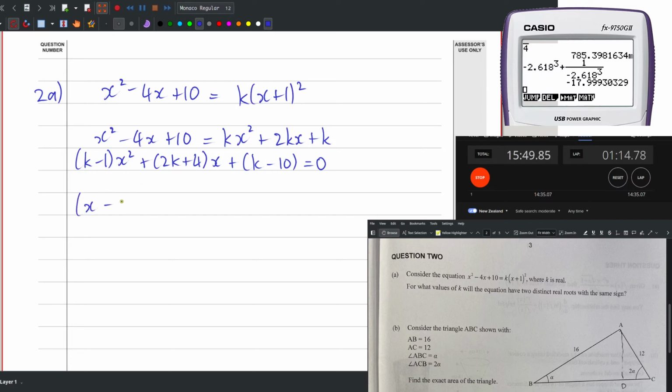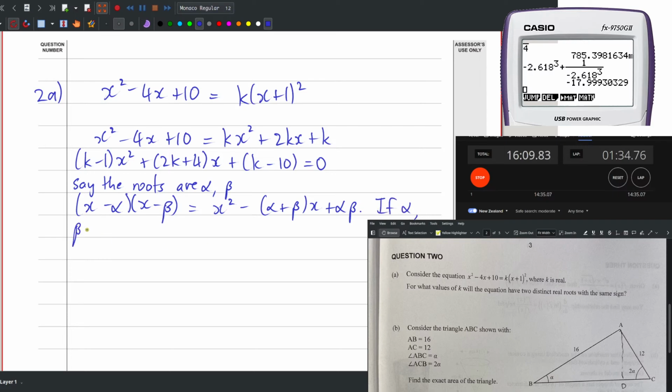So if we take x minus alpha, x minus beta, say the two roots are alpha, beta, x squared minus alpha plus beta, x plus alpha beta. If alpha, beta are the same sign, then alpha beta is greater than 0.